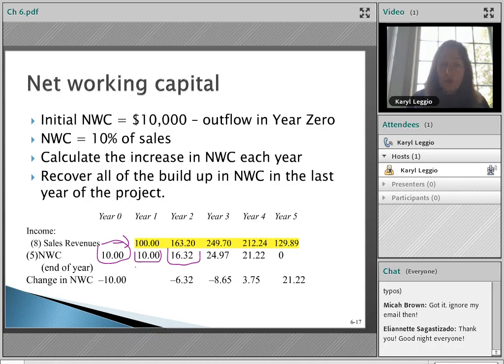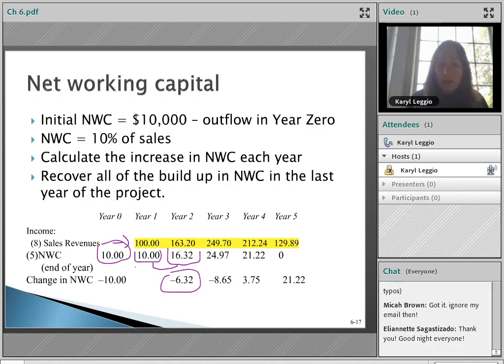In year 2, our working capital went from $10,000 to now needing $16,320. So I need an additional $6,320 in working capital. I'm building my inventories. Because I need more, I'm going to have to fund an outflow of an additional $6,320.